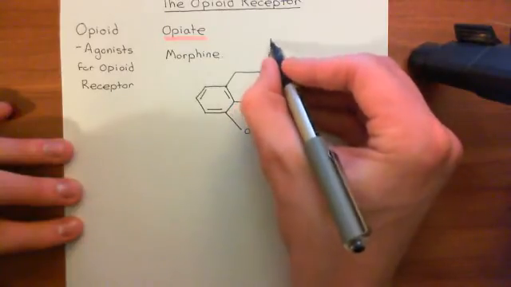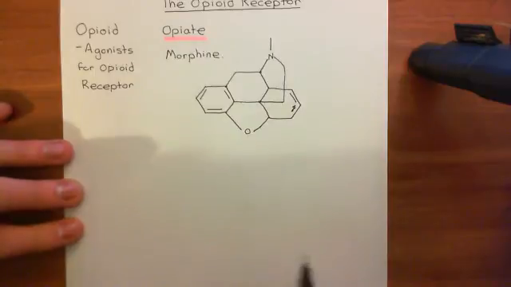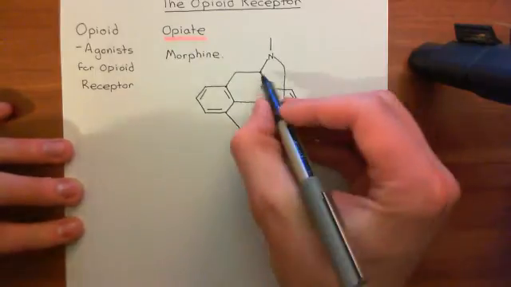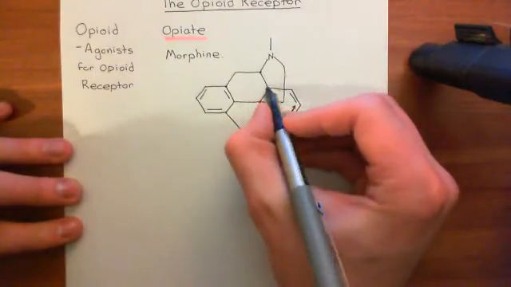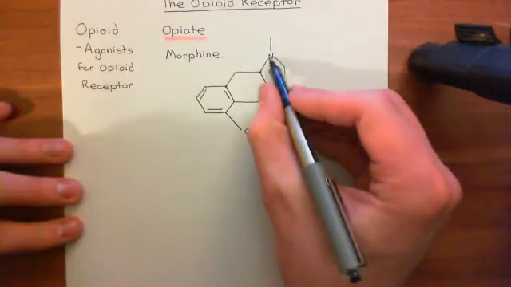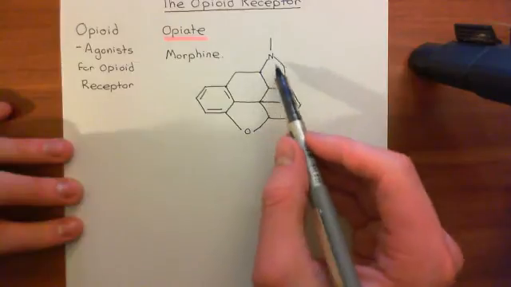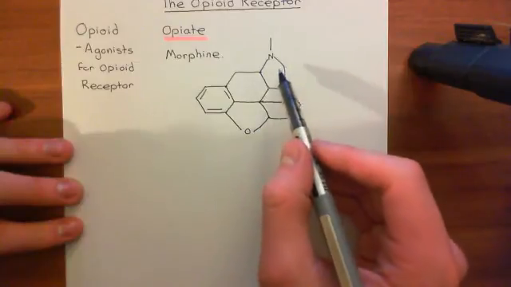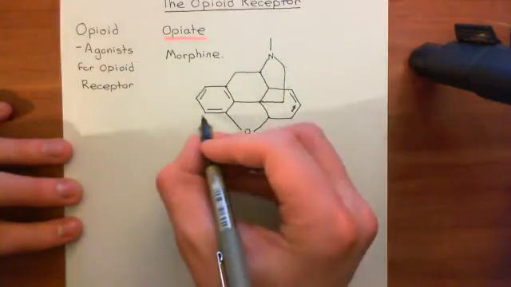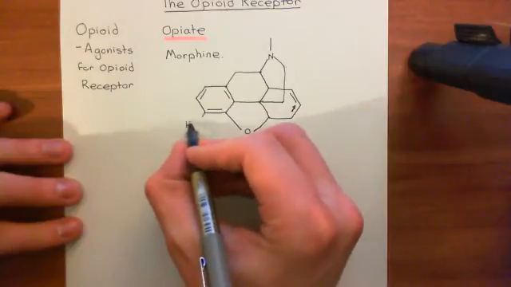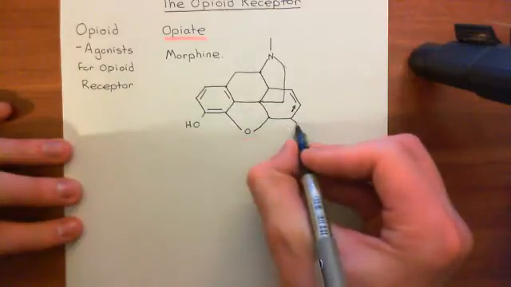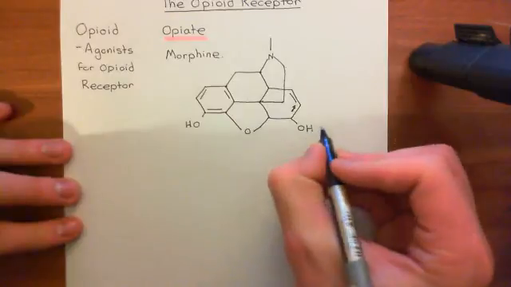This nitrogen then has a methyl group coming off it. If we count the members of this ring, 1, 2, 3, 4, 5, 6. So that's another 6-membered ring. I think this is the nicest way to draw this structure. Now we haven't finished there. To complete morphine, you just add 2 alcohol groups on, 1 here and 1 here.